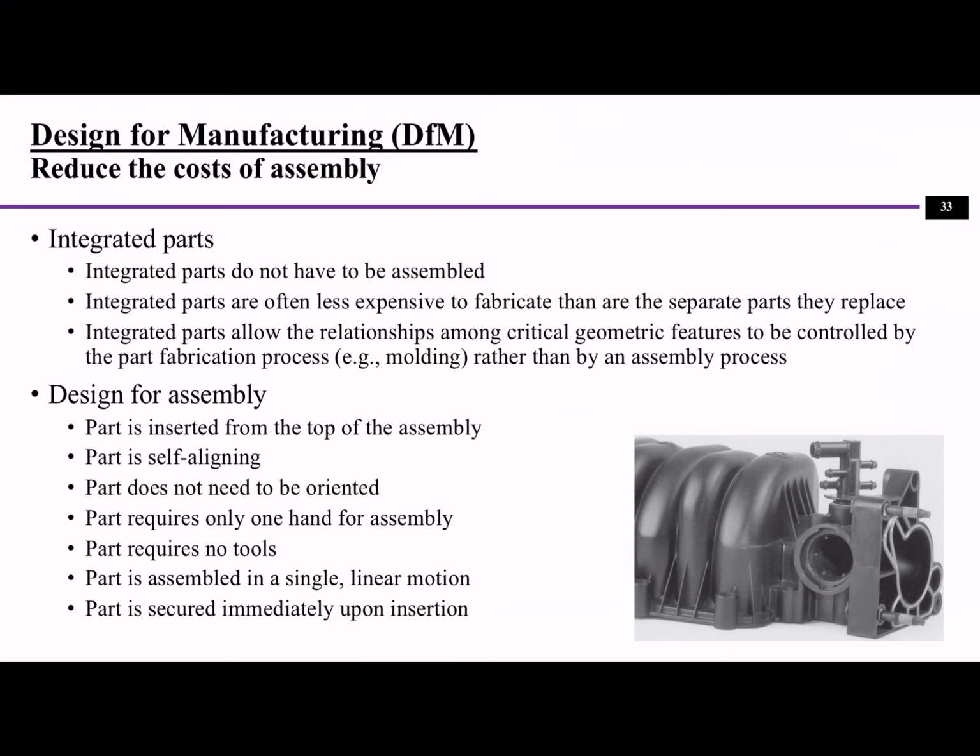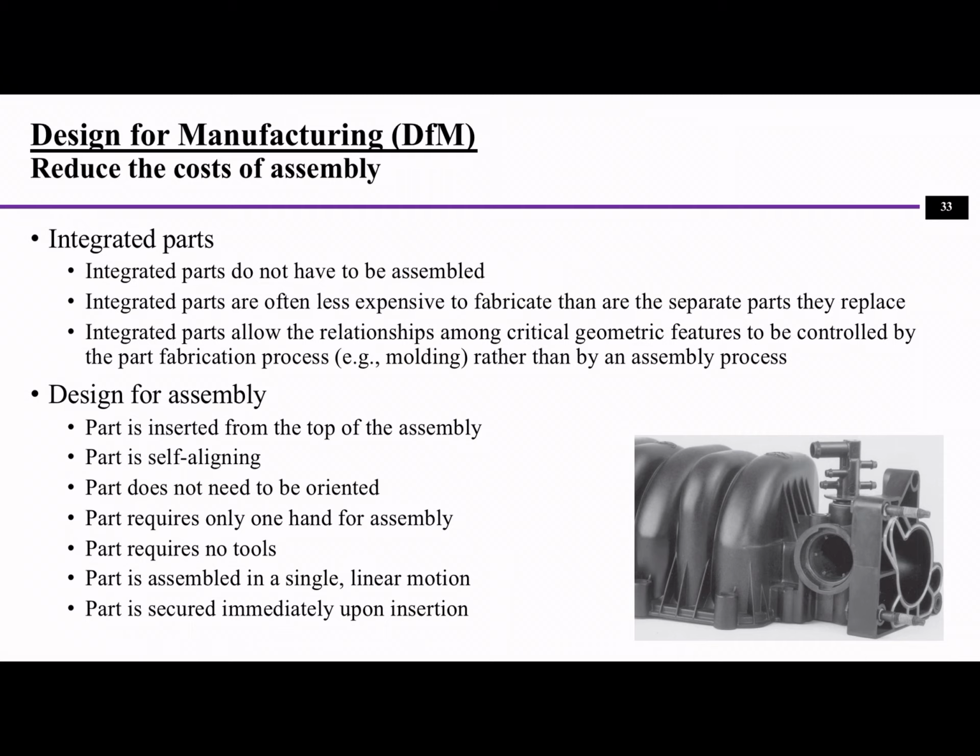In this case, integrated parts do not have to be assembled. And also, integrated parts are often less expensive to fabricate than the separate parts they replace. For example, a big chunk of the frame can be cast as one single part, instead of having multiple parts made from multiple processes and then assembled together, right?